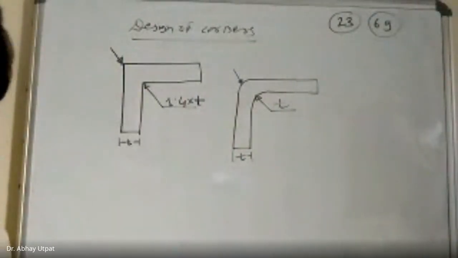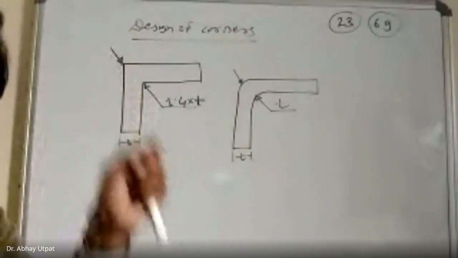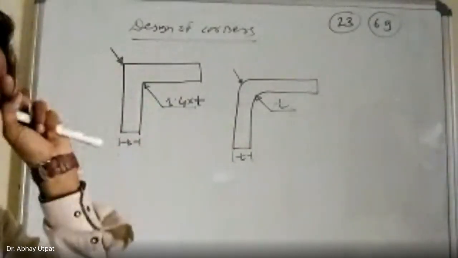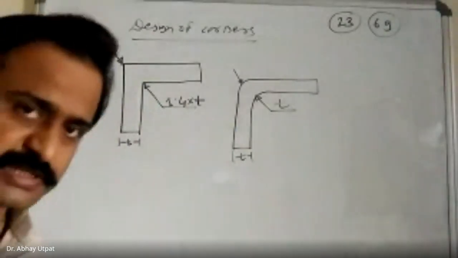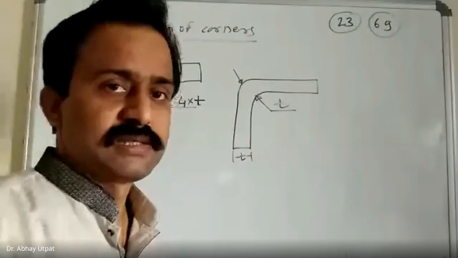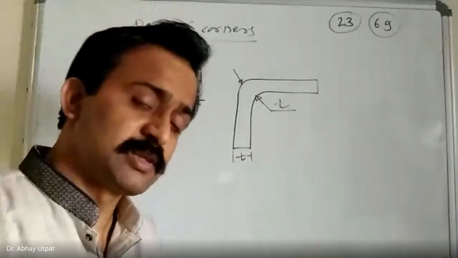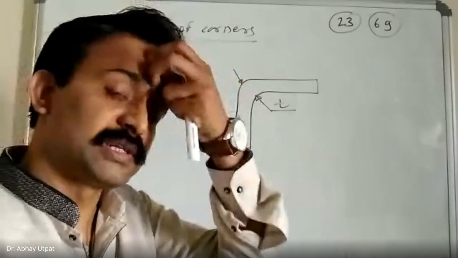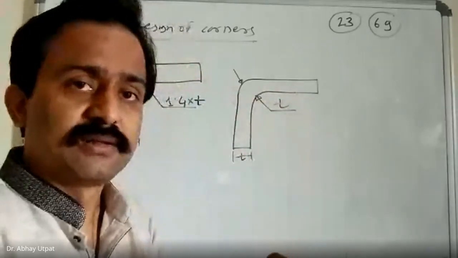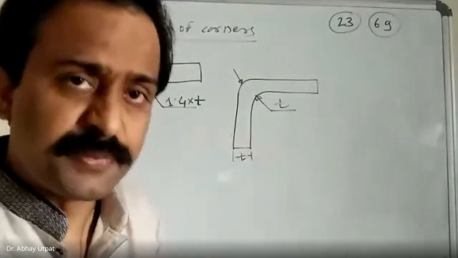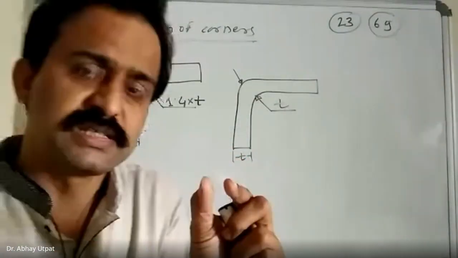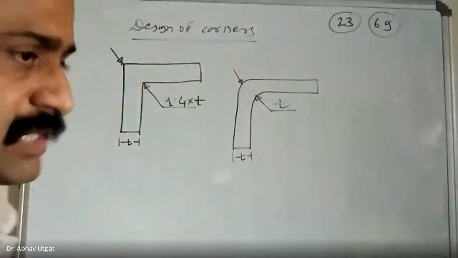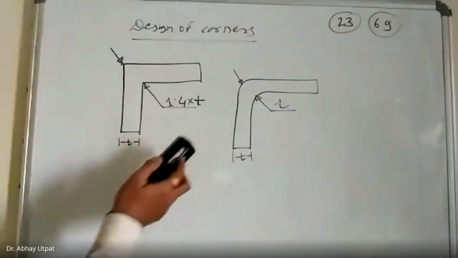Now, at the rib junction, there may be contraction. That's why there also the thickness of the rib is maintained at 60% to 80% of nominal wall thickness. Maintaining the thickness at 60% to 80% will also be an important concern while solidification happens at the junction. That's why it is always preferable to keep rib thickness 0.6 to 0.8 times that of wall thickness. I will show how there is a volume contraction at the junction. I hope you have drawn this.